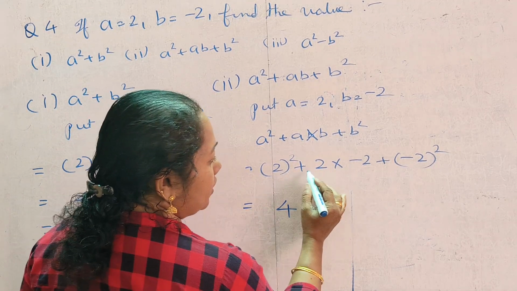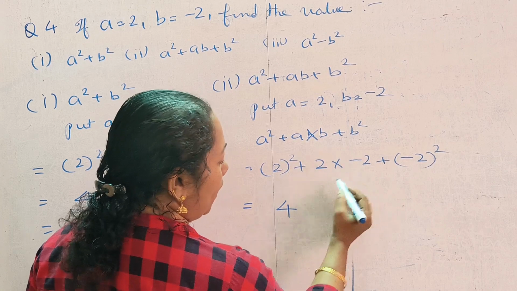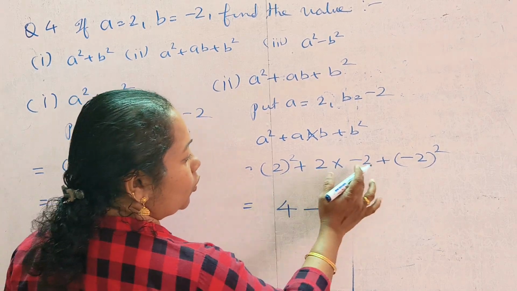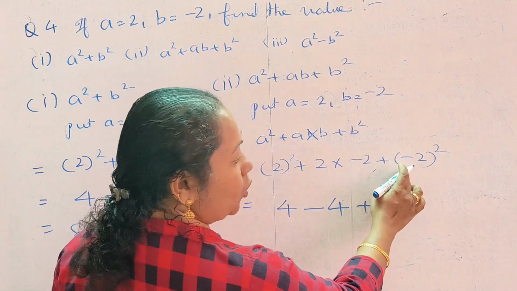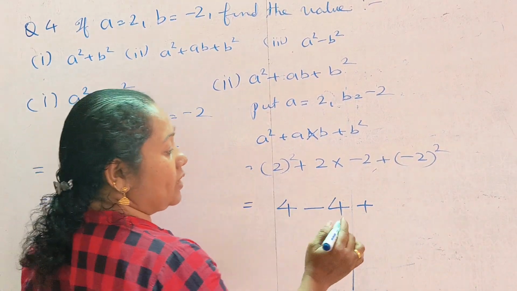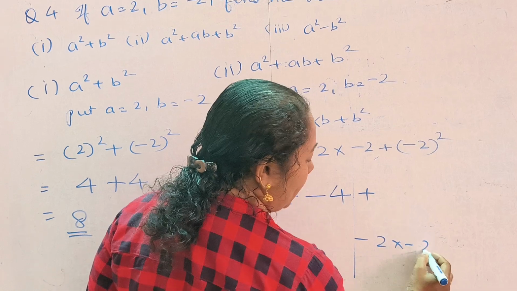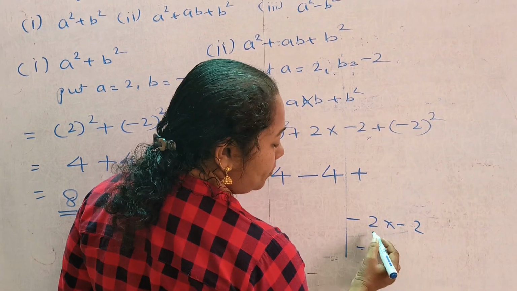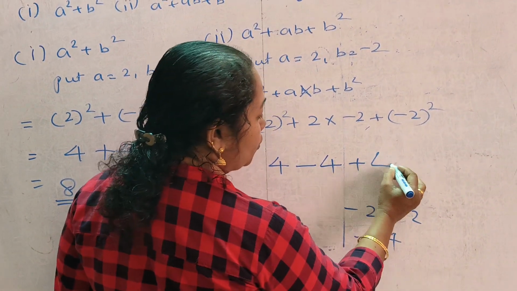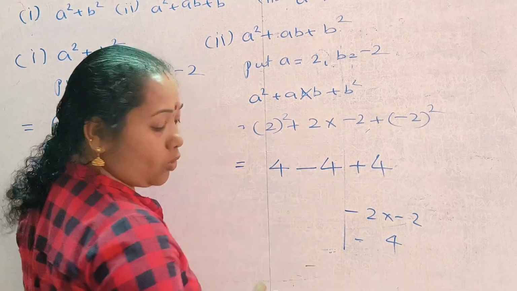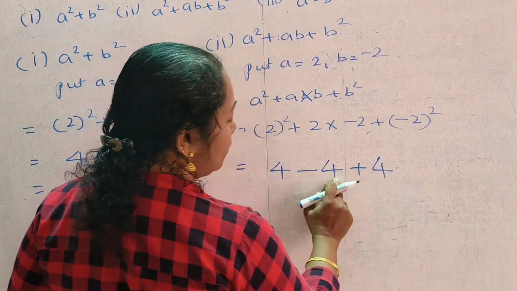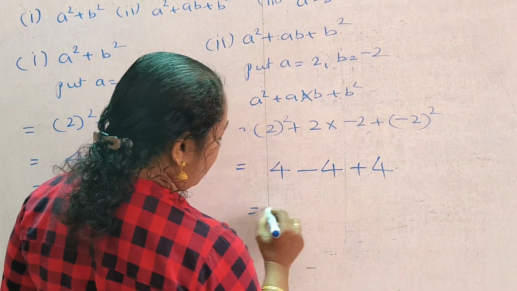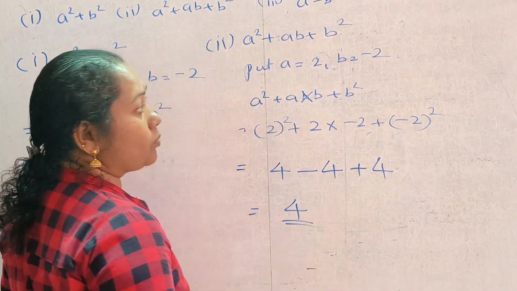Now plus into minus is minus. 4 plus minus 2 into minus 2, minus into minus plus, 2 into 2, 4. So 4 minus 4 is 0. 0 plus 4, 4. The answer is 4.